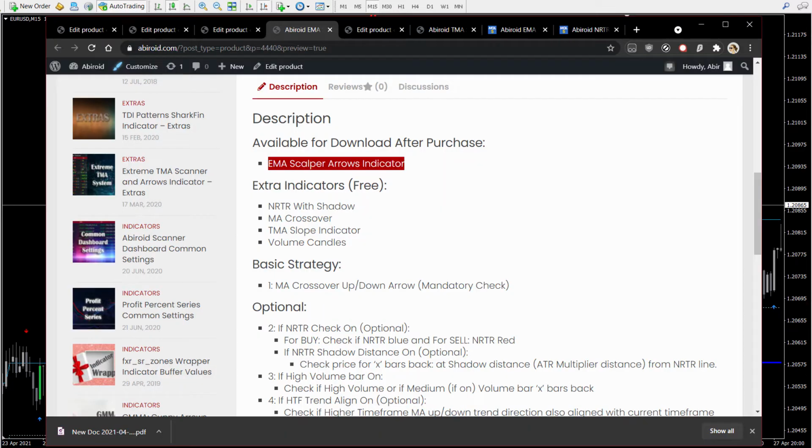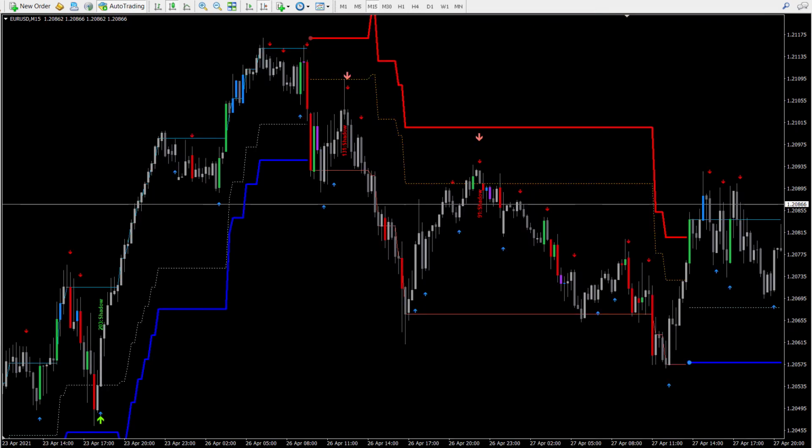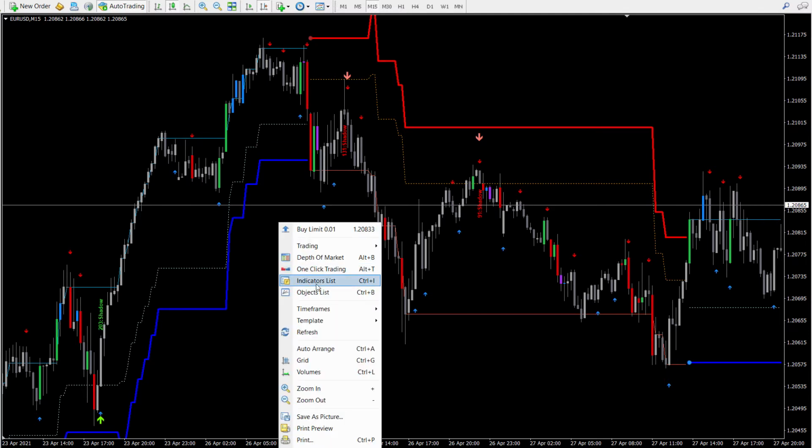So the NRTR shadow check is an optional check, and this is the second check. Now the third check is if the volume bar is high. NRTR alone isn't enough to give you a good enough signal, which is why we have these volume lines.